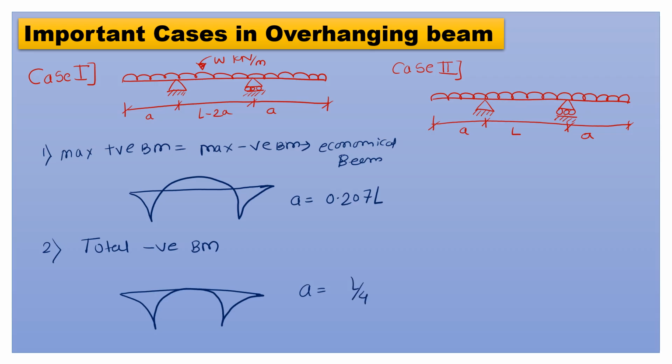Then the second condition, where you see the lengths A, L and A. Here the value of A is equal to L divided by 2 root 2. So these are the different values of A for an overhanging beam with different length conditions and different bending moment conditions. And this is an important question.